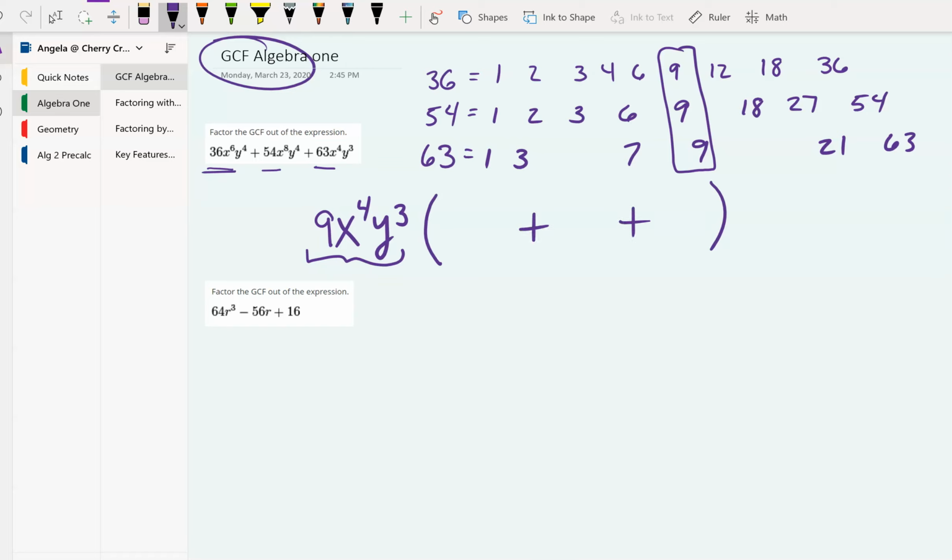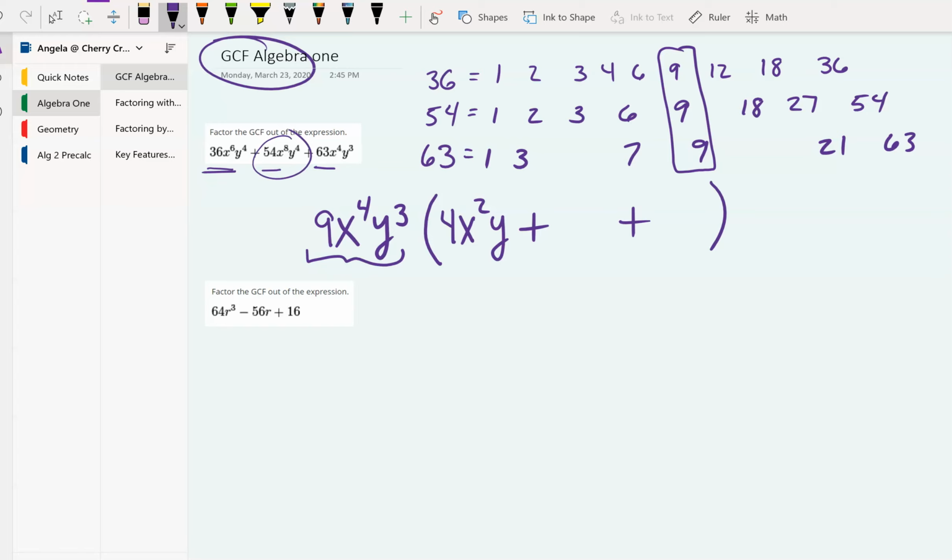Okay, so 36 divided by 9 is 4. x to the 6th divided by x to the 4th, because you're subtracting your exponents, is going to leave us x squared. And y to the 4th divided by y cubed, again we are going to subtract our exponents, leaving us with y. Then we'll move on to this term.